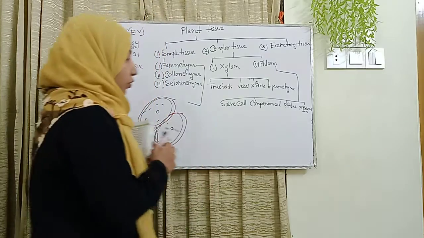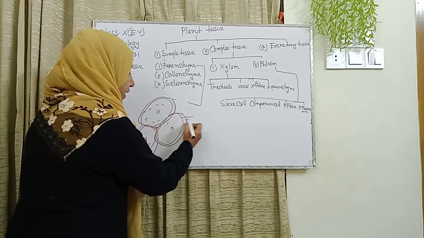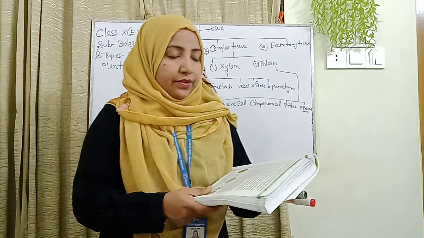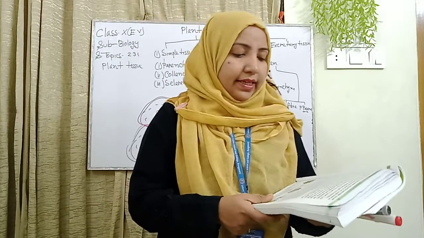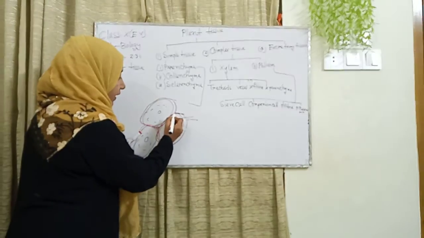Here, students, we also find two structures: one is cellulose and another is pectin. These are also carbohydrate structures. These walls are irregularly thick with thicker corners. Here I also draw the thicker corners.